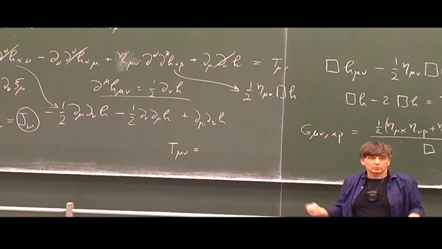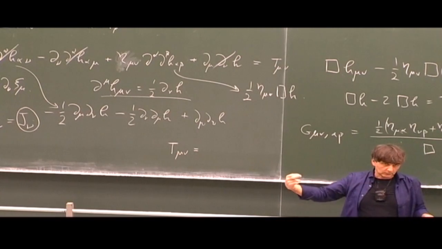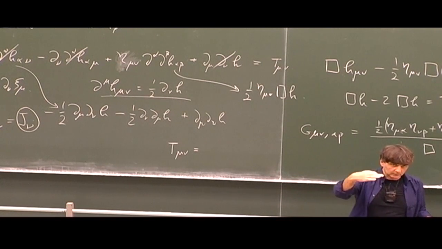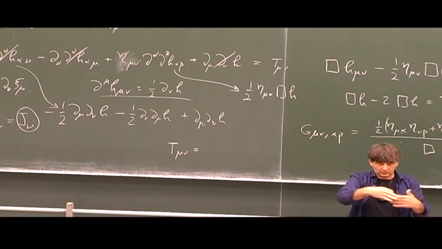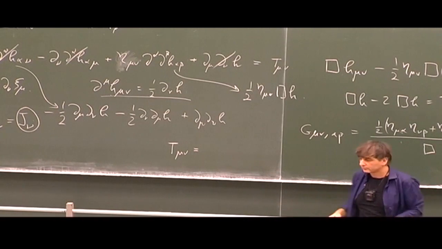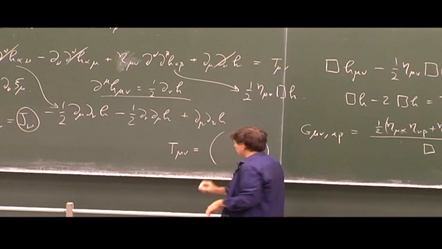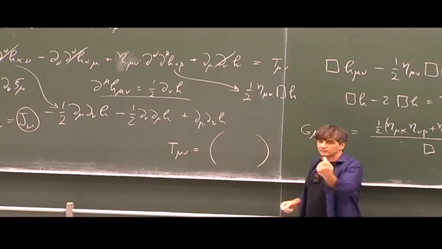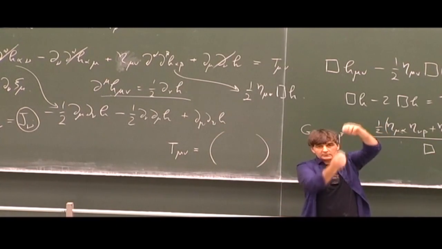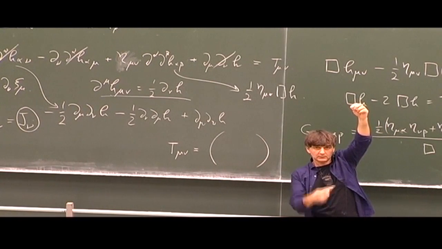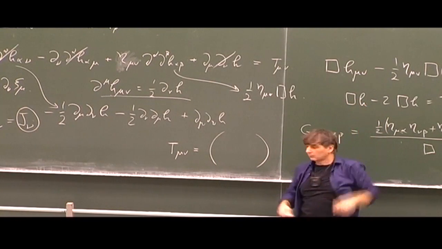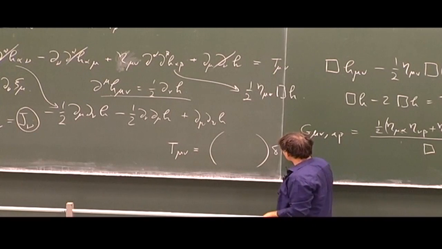And so they are boost invariant along their worldvolume. And so the energy momentum tensor that they have is localized. Let's say if I take a string that is oriented along the z-axis, and is localized in the xy direction, so this would be some kind of a delta function in xy.